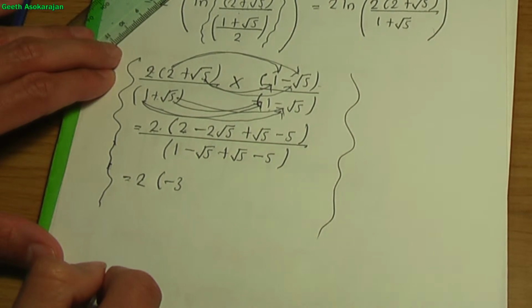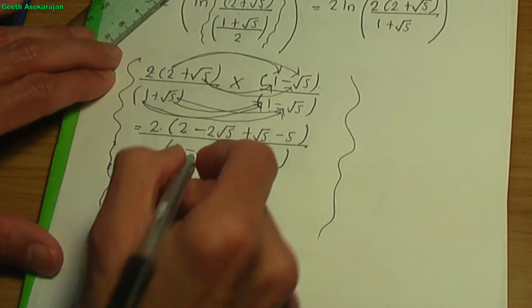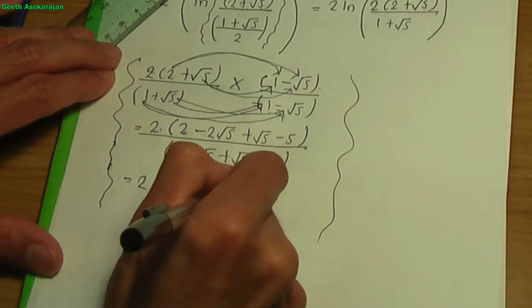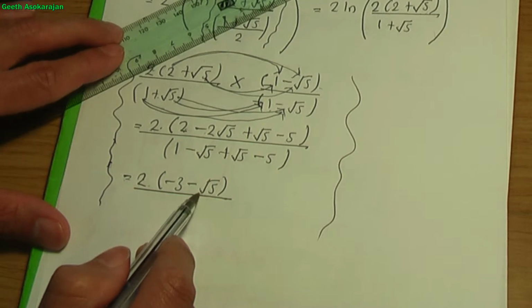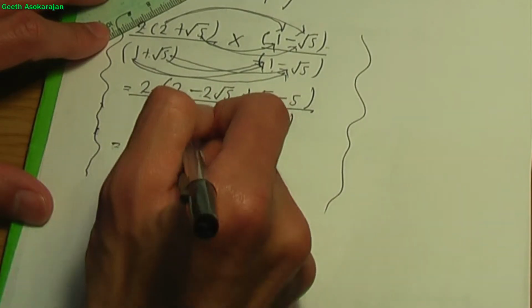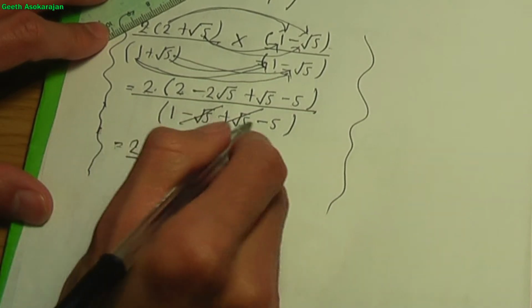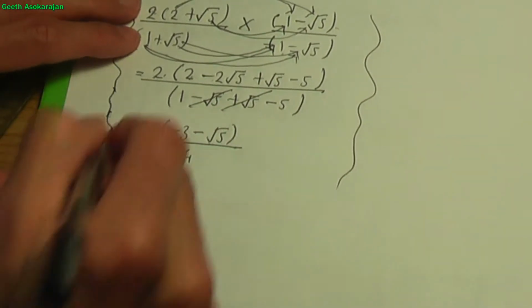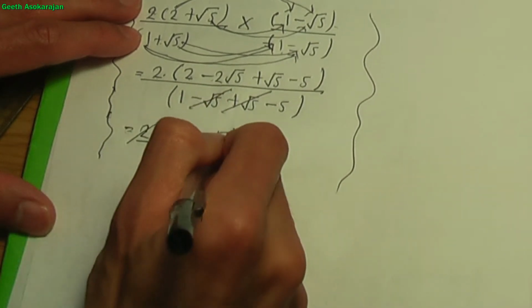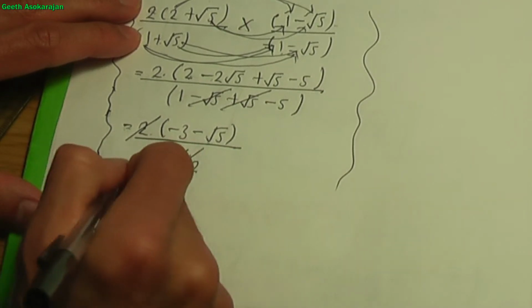So let's add the like terms. Minus 2 root 5 plus root 5 is minus root 5. So this is what you should have in the numerator so far, divided by 1 minus 5, which is minus 4, since the minus root 5 and the plus root 5 cancel. Now from there on we can do a cancellation. 2 goes into 4 twice.